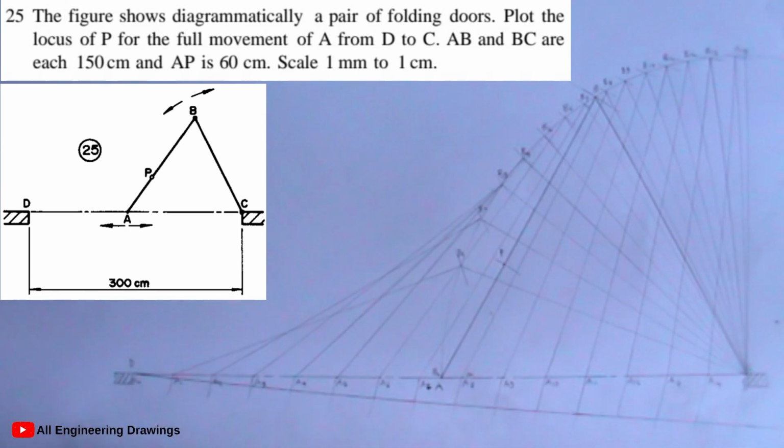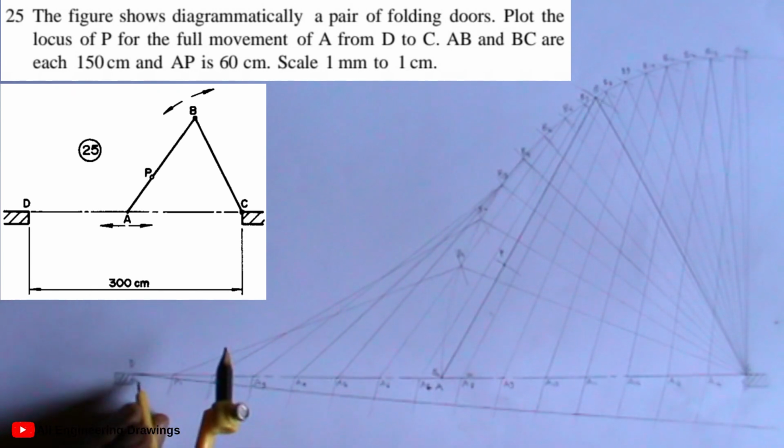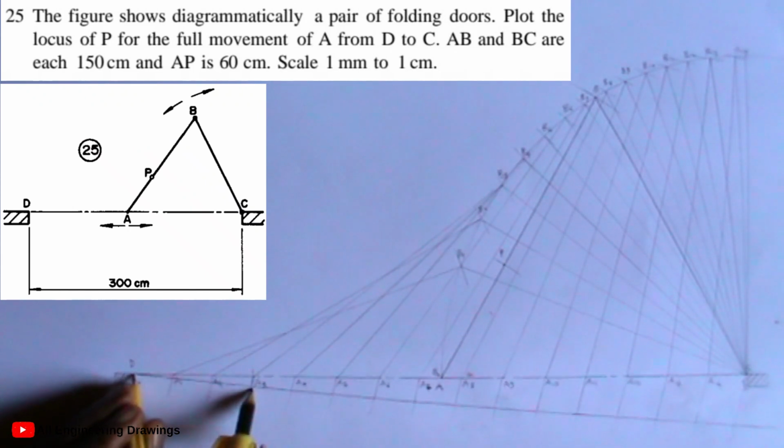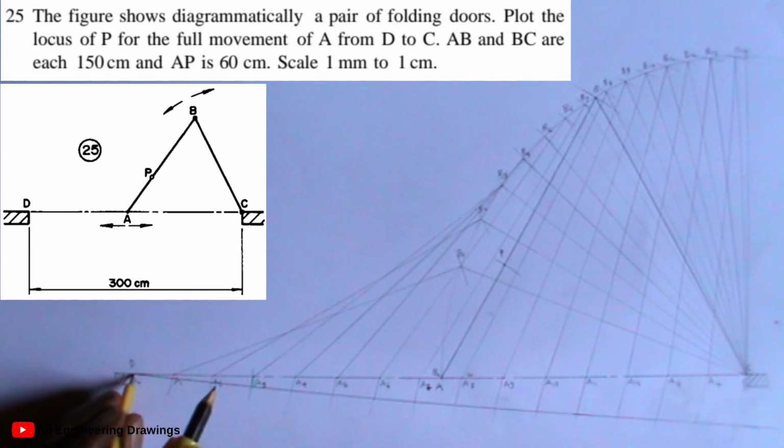Then I will place the compass on the A point, cutting arc on the lines AB. So I will start with A0. Then I will cut arc on my line DC. So I will call that point P0.